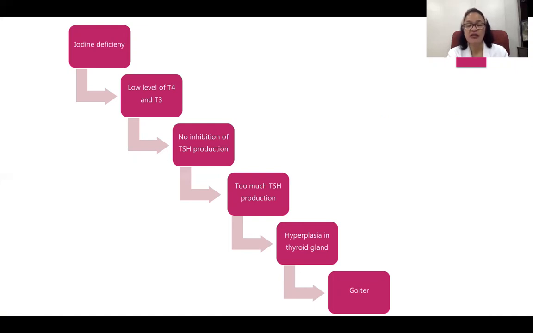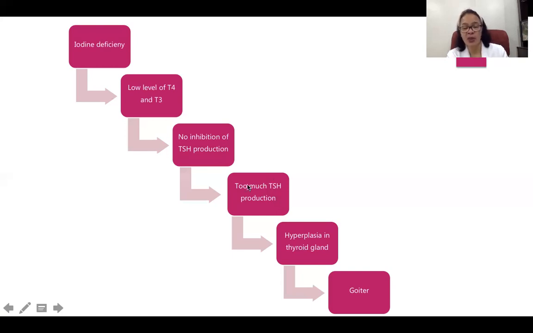If the amount of T3 and T4 gets high, then the TSH secretion will be decreased. But in iodine deficiency, there is very little of your thyroid hormones T4 and T3. So there would be no inhibition of your TSH production, leaving the anterior pituitary to produce TSH freely.